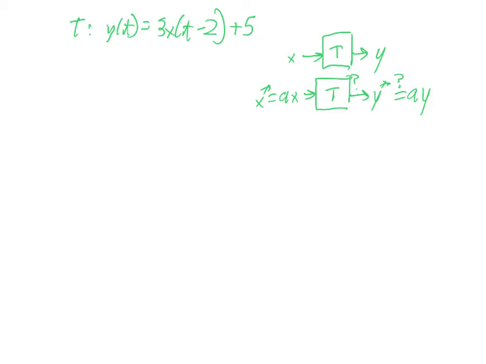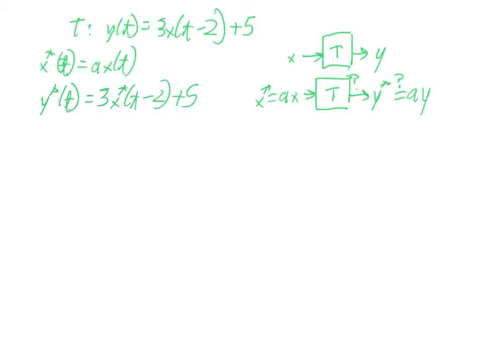So I will say x star again is going to be a times x. And now I want to know what the output y star is when the input is x star. So it's going to be following the rule 3 x star of t minus 2 plus 5. Now I substitute in the definition of the scaled version. X star is the scaled version of x.